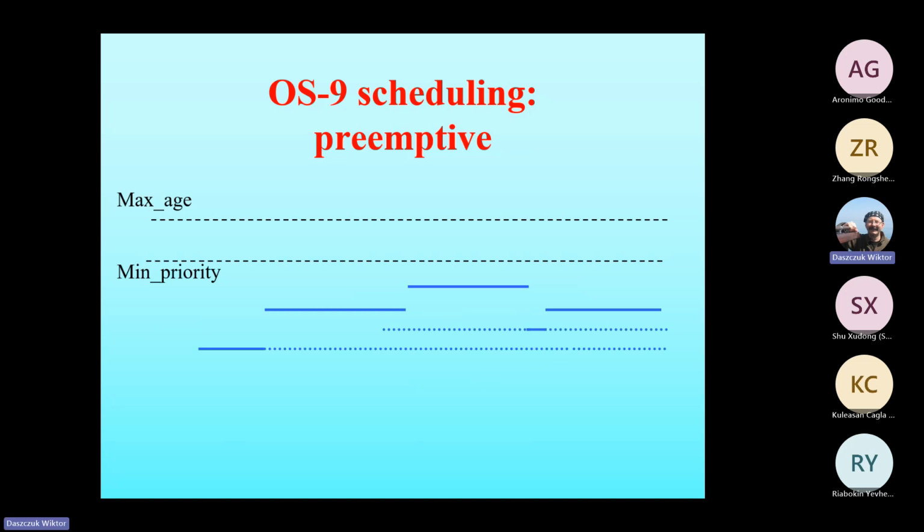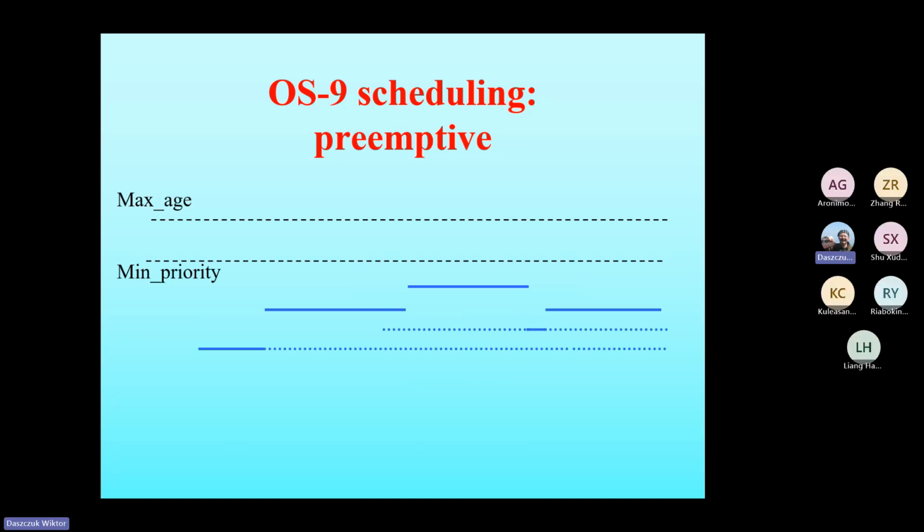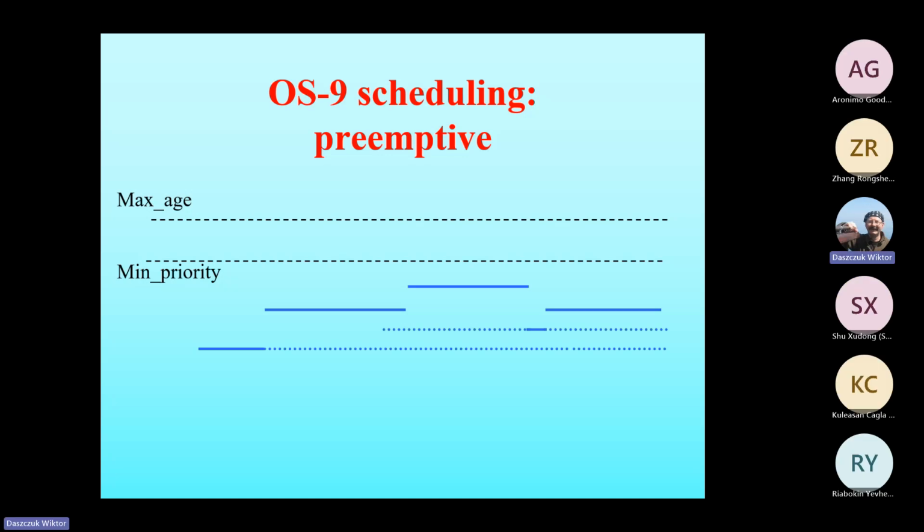We see this, for example, in this moment. The process with higher priority occurs, and we preempt the current process from the processor and give the processor to another process immediately.